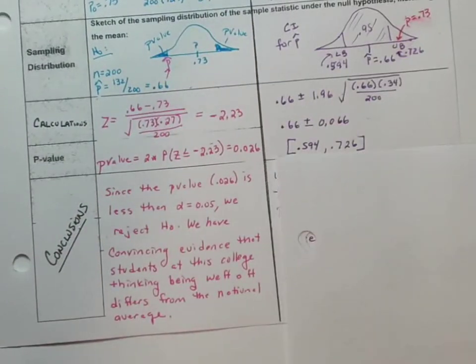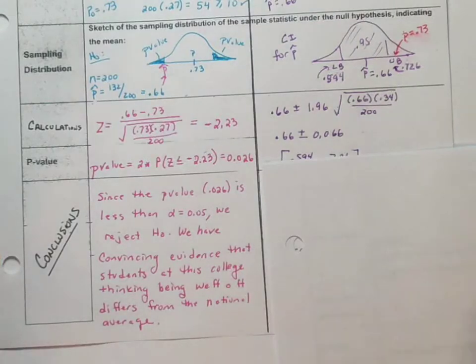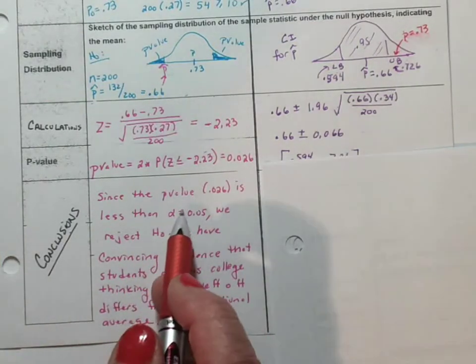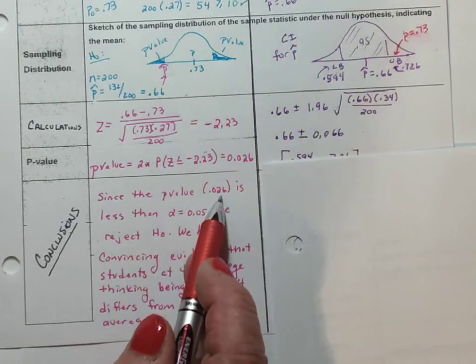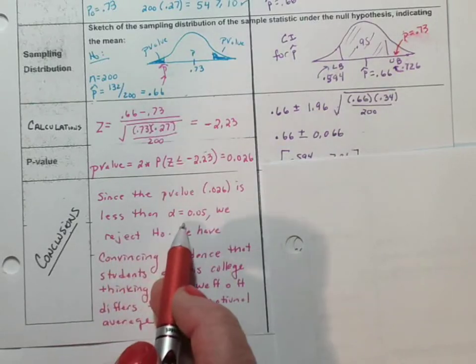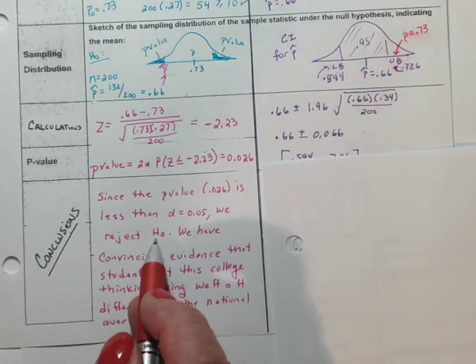Okay, conclusions. All right. Since the p-value, 0.026, is small and less than alpha 0.05, we reject the null hypothesis.